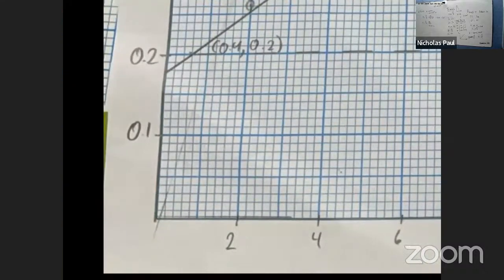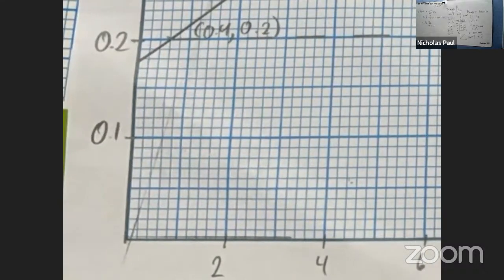If you read off your y-intercept, when the force is 0, the value is the y-intercept.